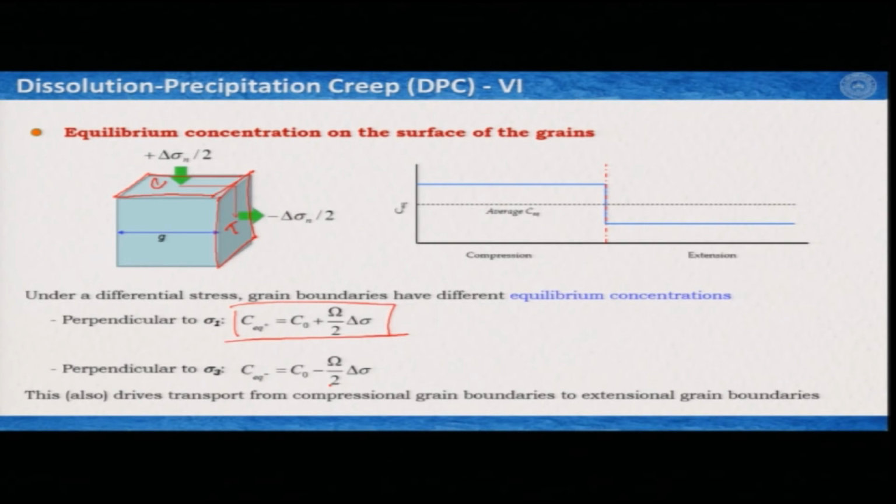So, here it will be less, and therefore, again we would have higher equilibrium concentration at the compression surface and lower equilibrium concentration at the extensional surface, and this would also drive your transport from compressional grain boundaries to extensional grain boundaries. That means, materials would move from this side to this side.